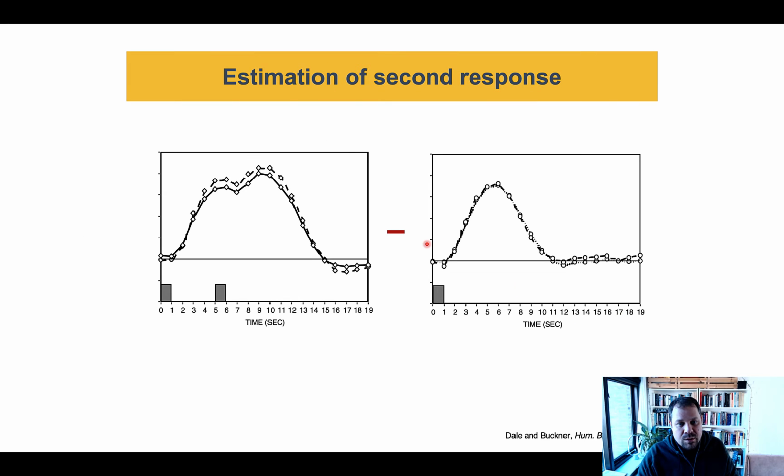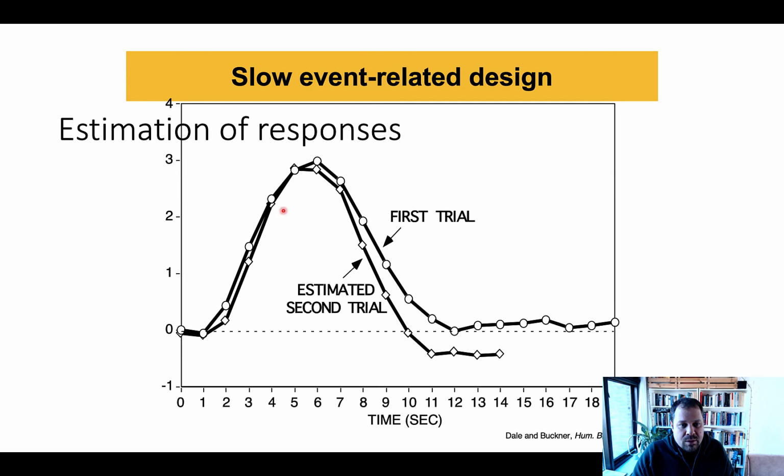They took the slow event-related response, which occurred on a subset of their trials, and then subtracted the single event response shown here. So it's just the hemodynamic response to one single event subtracted from this joint superimposed hemodynamic response. What they find is that there is a large overlap.